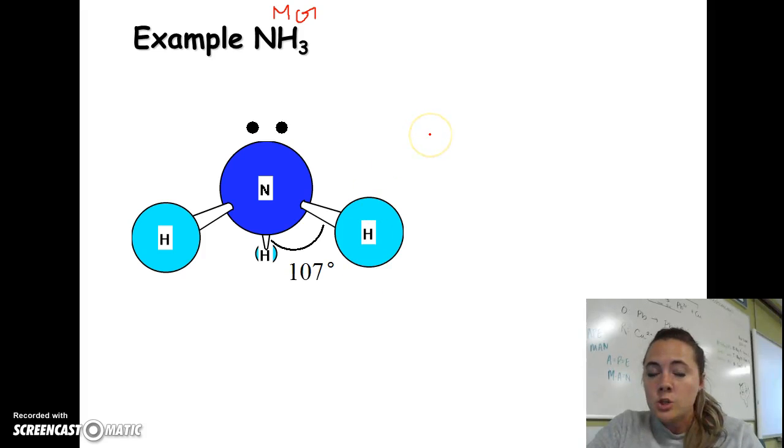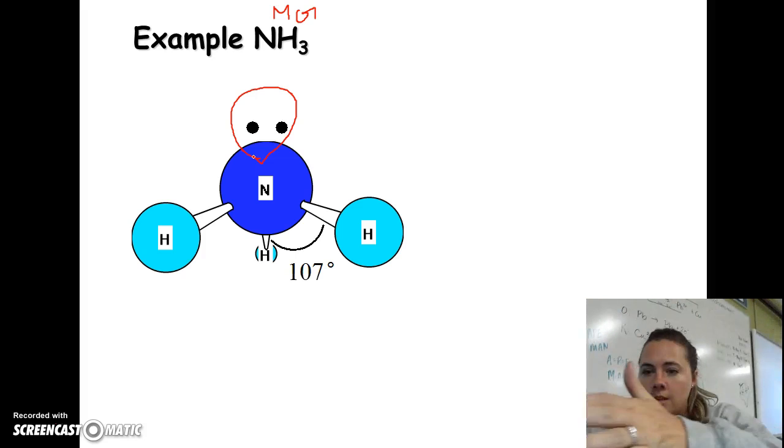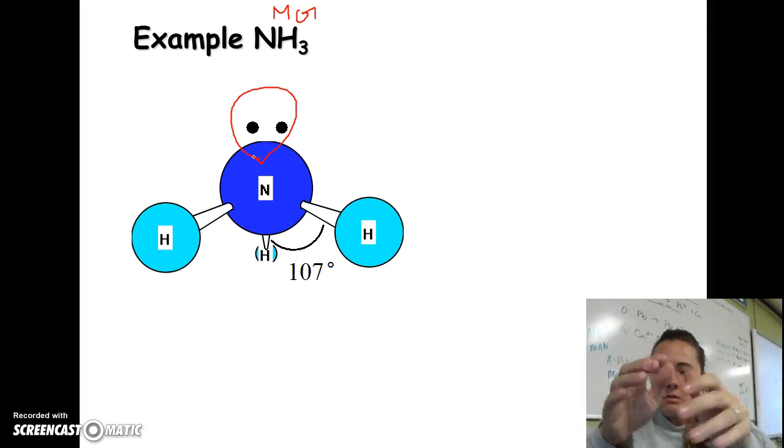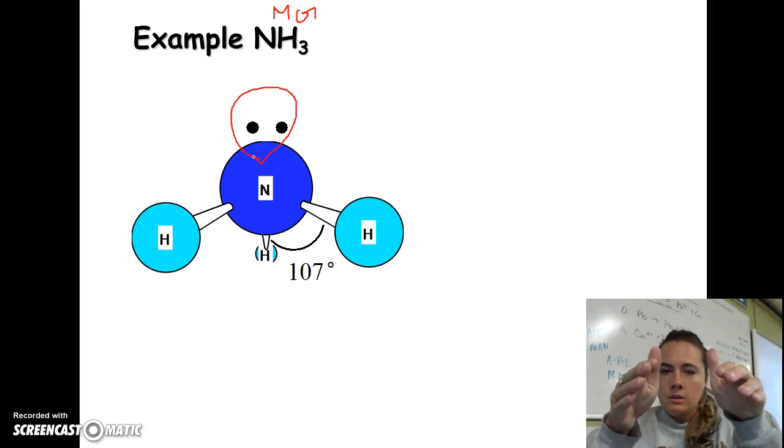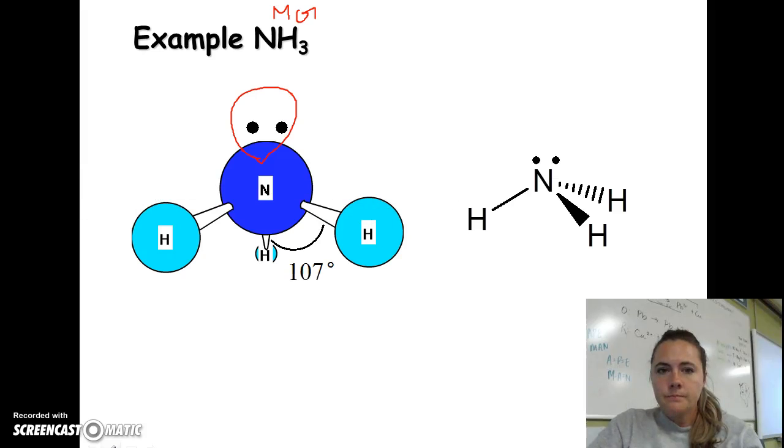Its electron geometry is tetrahedral because it has 4 domains. You've got that extra set of electron clouds just out there that's pushing the sides of the molecule down. So it's pushing those hydrogens down to make that triangular shape. And so you get a molecule that looks like that.